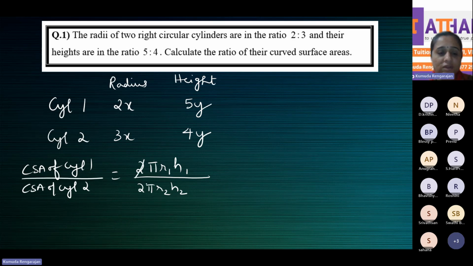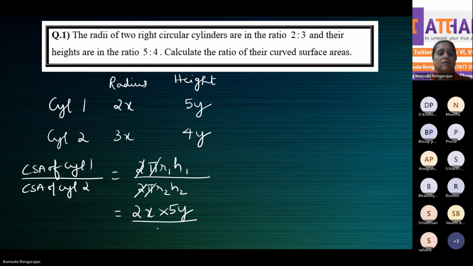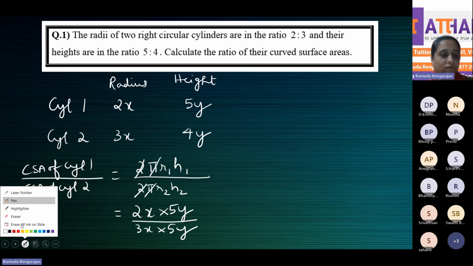Now 2 gets cancelled, pi and pi gets cancelled. So this is equal to R1 into H1. So R1 is 2x into H1 is 5y by R2 into H2, that is the radius and the height of the second cylinder, 3x into, sorry, 4y.